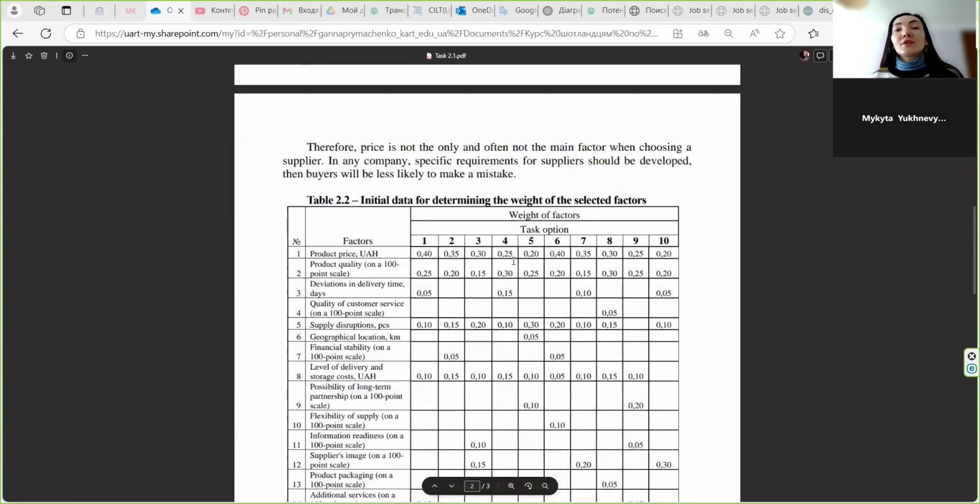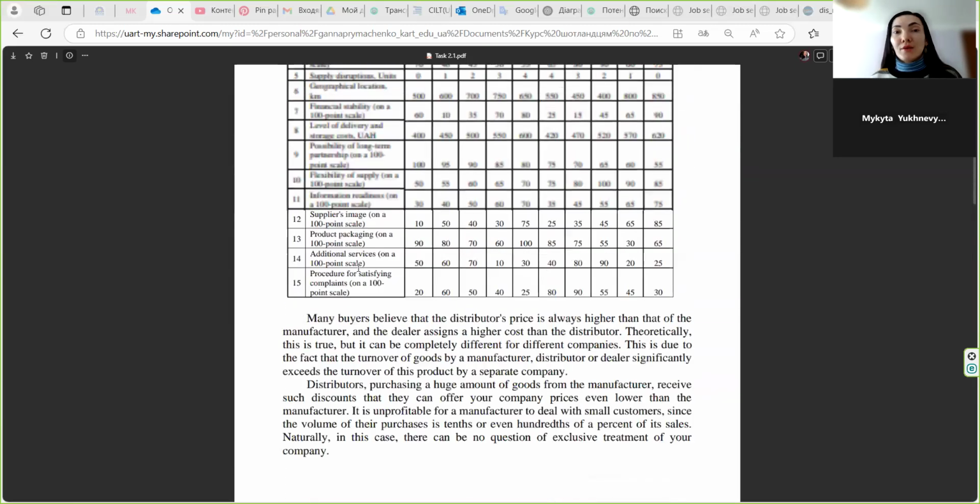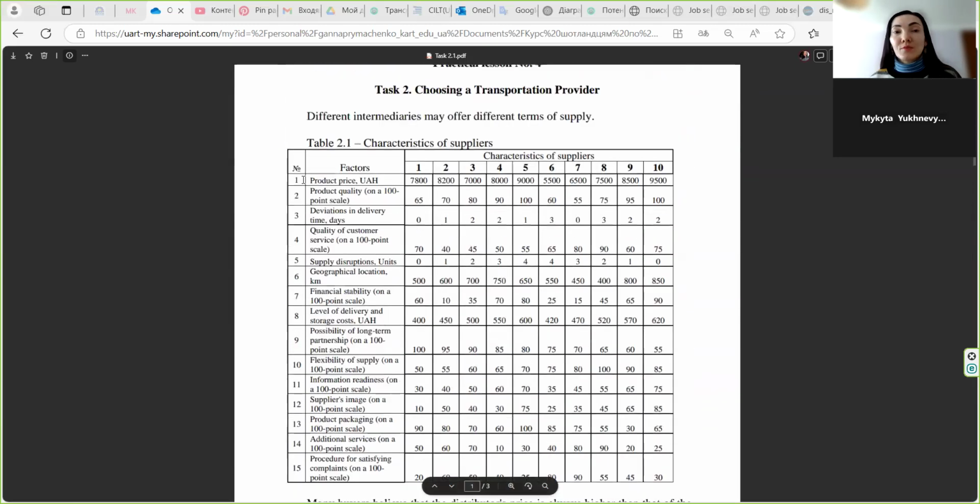Yes. So we find this product price in our table 2.1. We open this table 2.1 and find the first factor, product price. We need to find, from the first to the 10th supplier, which price is the lowest from these 10 positions.